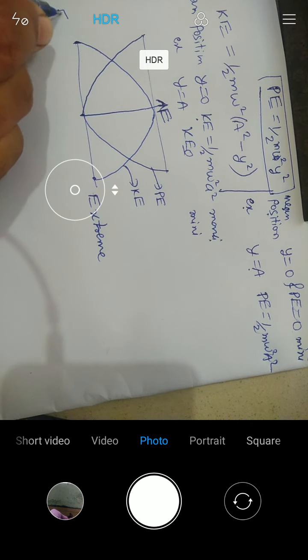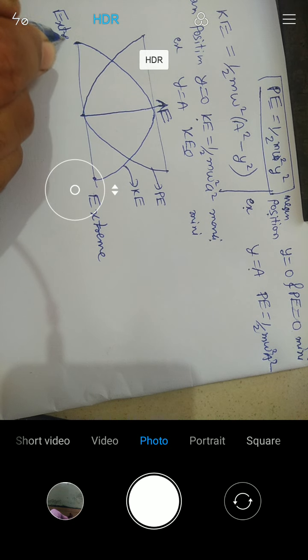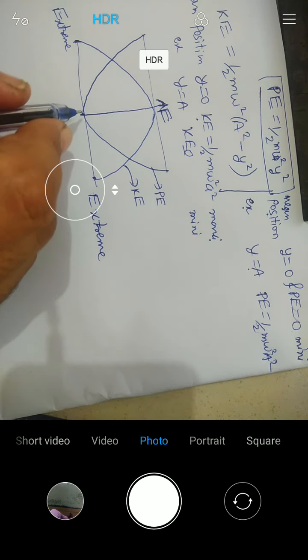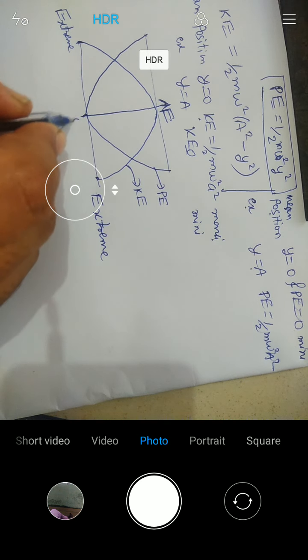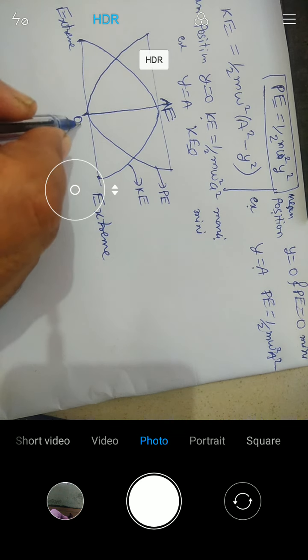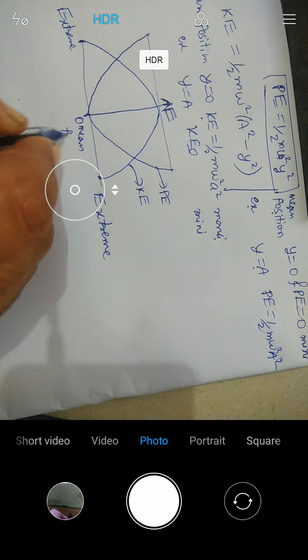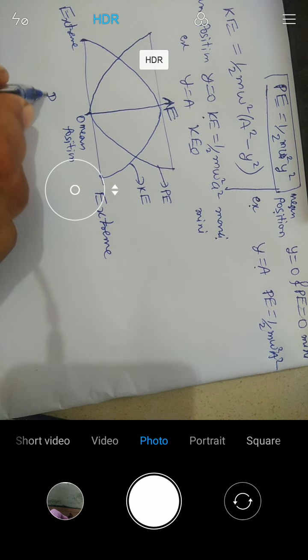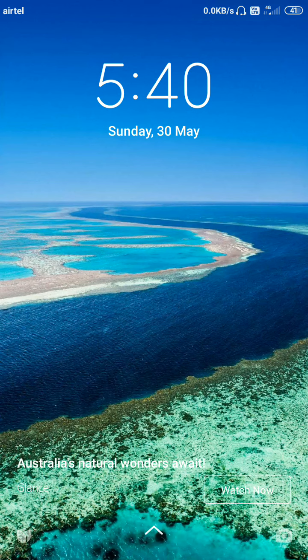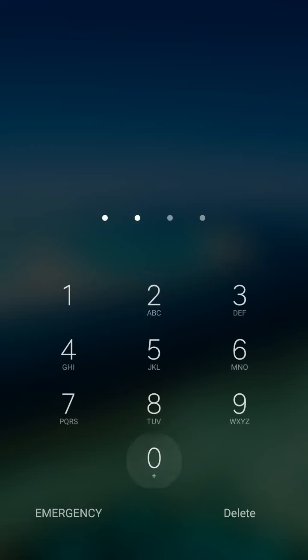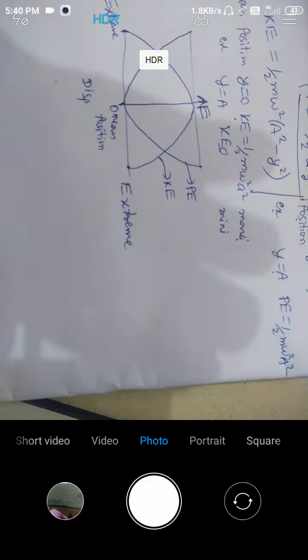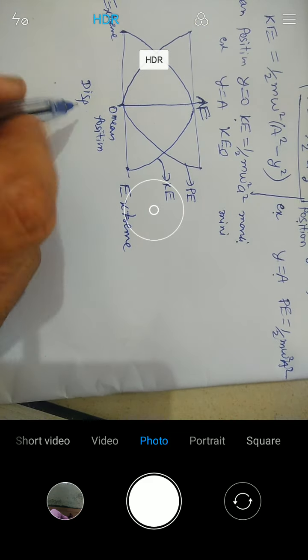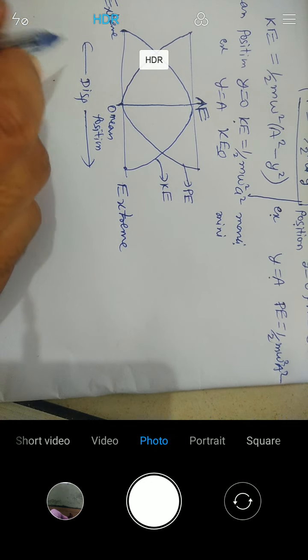This is also an extreme position, and this is the mean position. Displacement is along this direction.